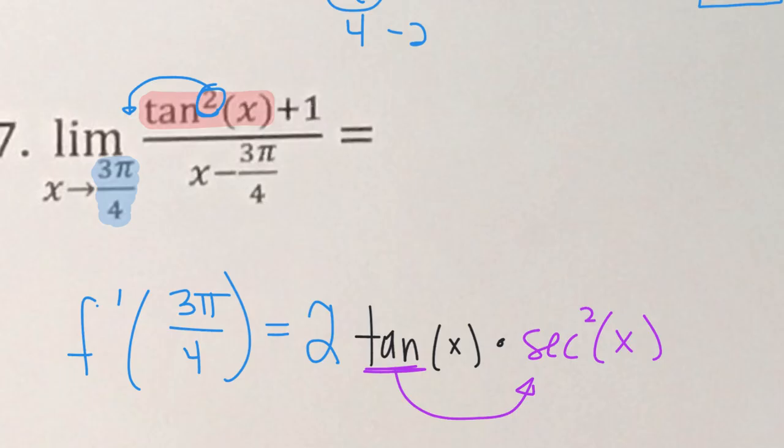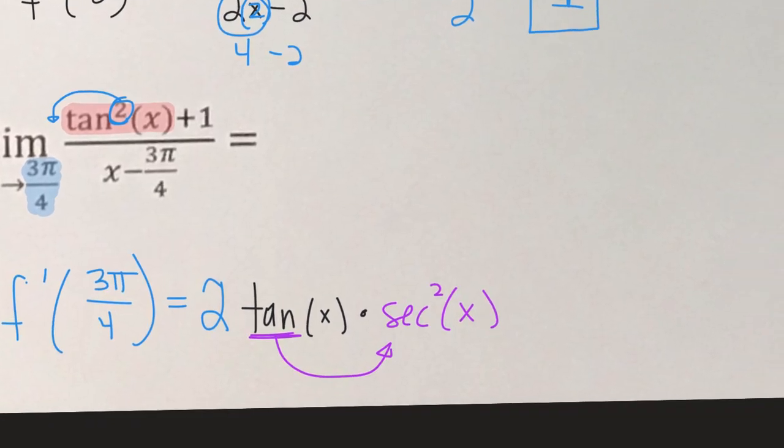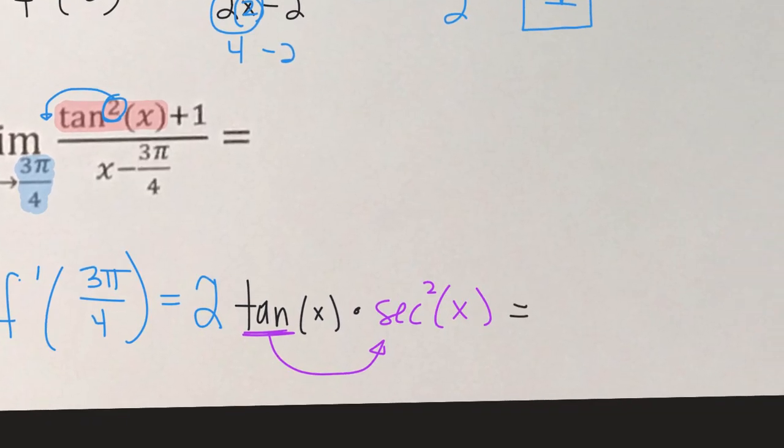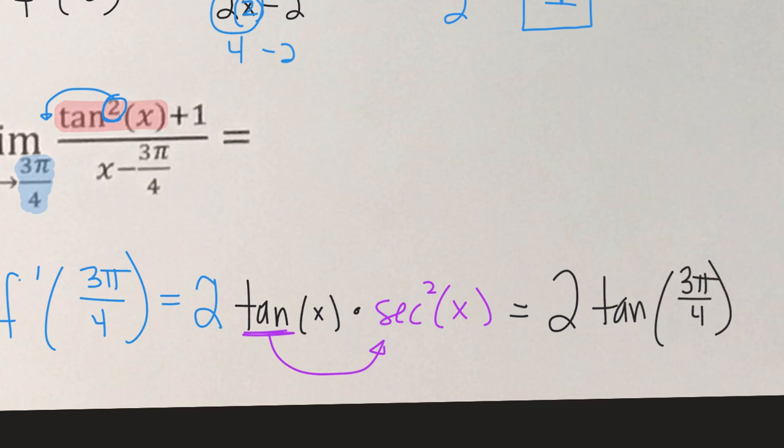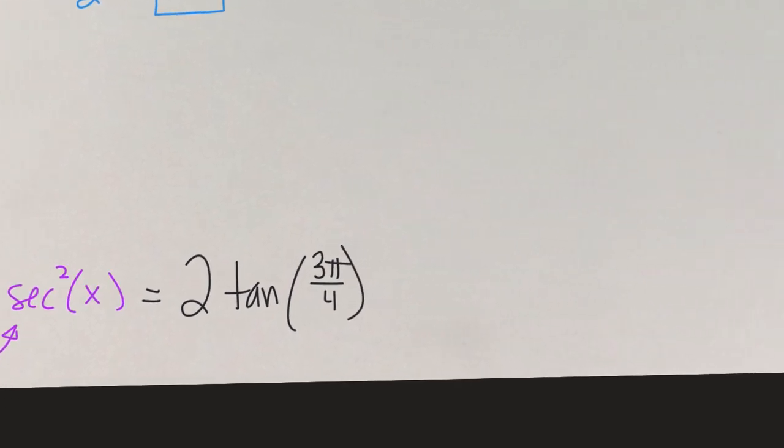Okay, so our derivative is 2 tan x times secant squared x. So now let's plug in 3 pi over 4: 2 times the tangent at 3 pi over 4 times the secant squared at 3 pi over 4.